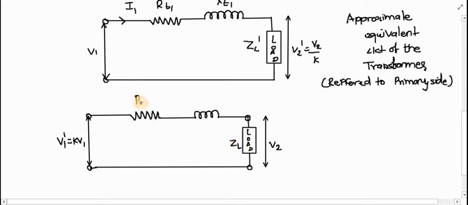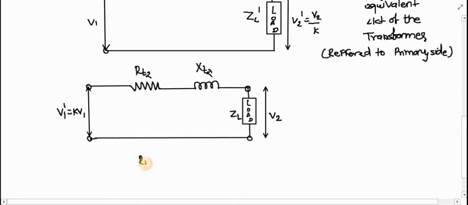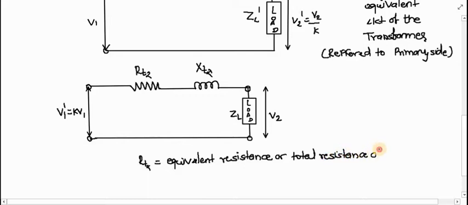Now this will become RT2 and this will become XT2. What is RT2? RT2 is nothing but equivalent resistance or total resistance of transformer referred to secondary side.